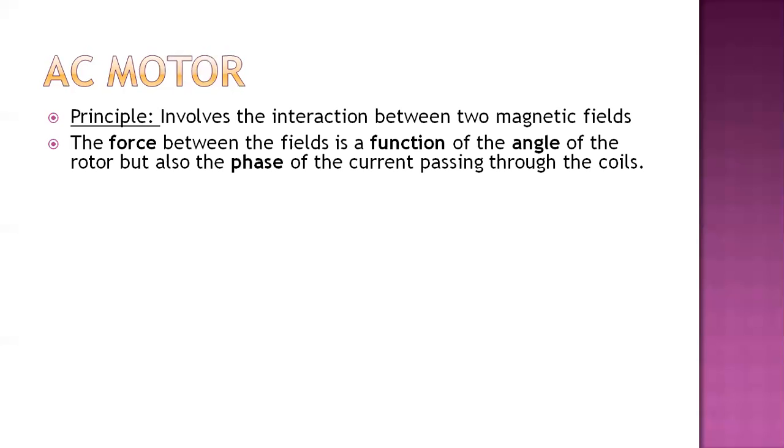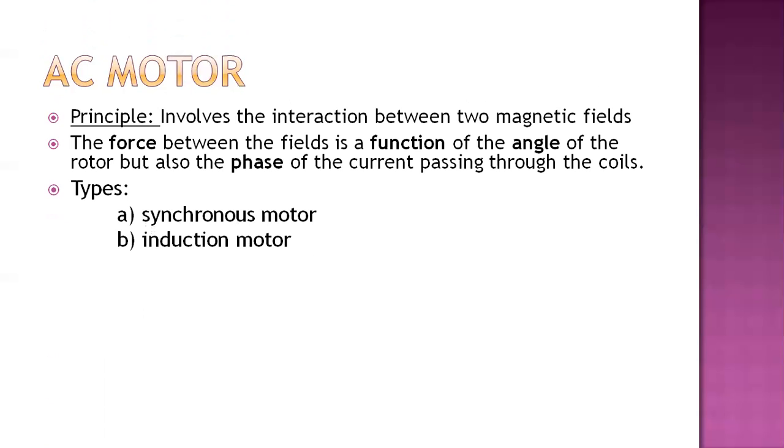There are two basic types of AC motors: synchronous and induction motor. The primary motor for application to the control industry is the induction motor. In a synchronous motor, the AC voltage is applied to the field coils, which is called the stator.